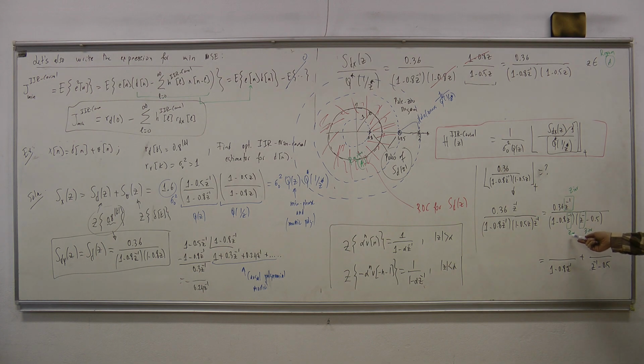Okay, so how can I do this partial fraction expansion? So instead of Z inverse, if I write 1.25, then this becomes, as you see, 0. I get a pole. Instead of Z inverse, not Z, I'm writing 1.25. So how do I do this partial fraction expansion? There is a K, there is an L. I want to find this K and L. So let's do it this way.